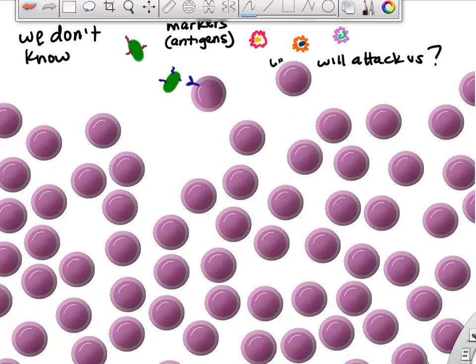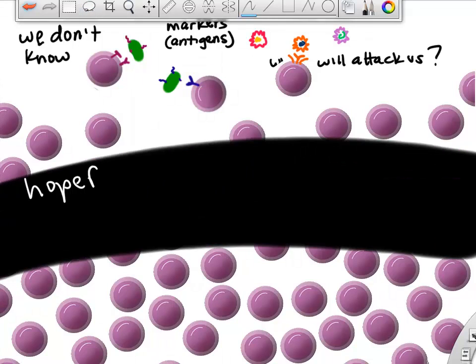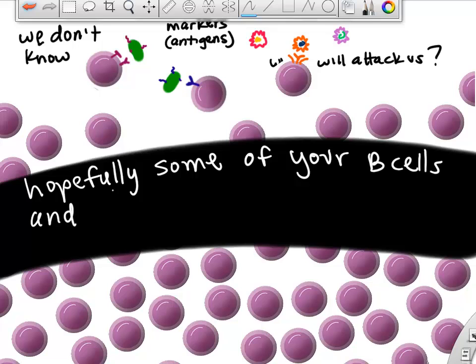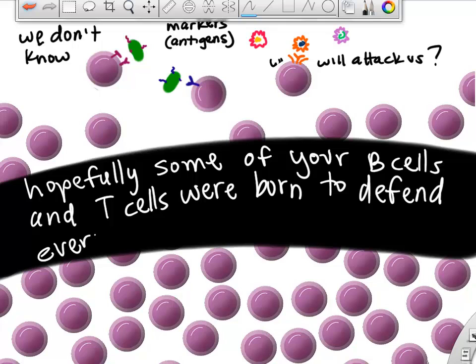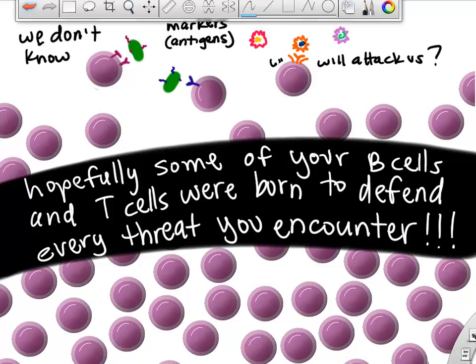Well, luckily, hopefully, you're basically born with lymphocytes that can detect any marker that you get invaded with. And those specific lymphocytes will respond to what you get infected with. If you are infected by something that your T cells and your B cells can't recognize, well, then you would be defenseless in terms of your specific defenses, and they wouldn't respond.